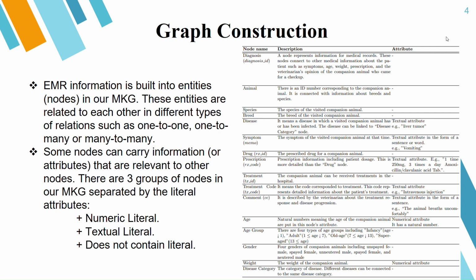And there are three groups of nodes in our medical knowledge graph, separated by the literal attribute. The first group is the numeric literal. There are two nodes in this group: the age and the weight, because the attribute of these nodes is a number.